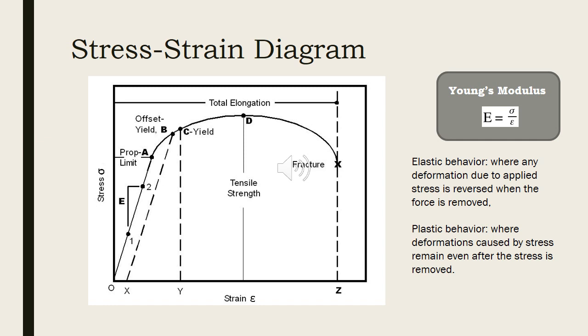Finally, at point D, where the curve begins to fall, the material's ultimate tensile strength has been reached. This point denotes the maximum stress that can be applied to a material in tension before failure occurs.